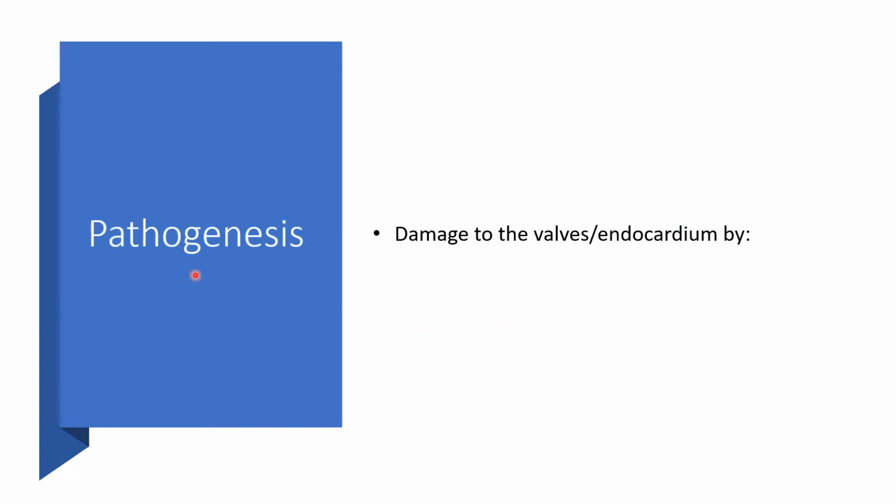Now, the pathogenesis proper. Let's go through the scenario where there's damage to the valves or endocardium. This could occur by jet lesions from turbulent blood flow, leading to endothelial and valvular damage. Note this. These account for why we have infective endocarditis at the regions with more force or pressure of blood reaching them, like the septa and ductus arteriosus.